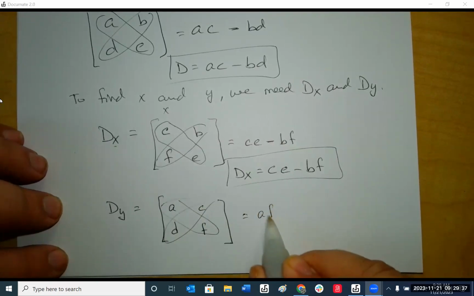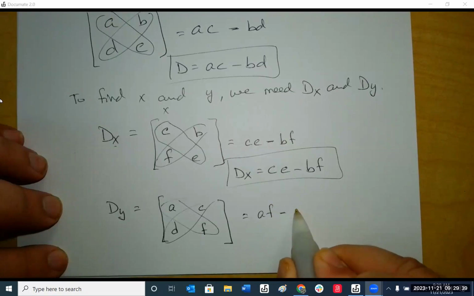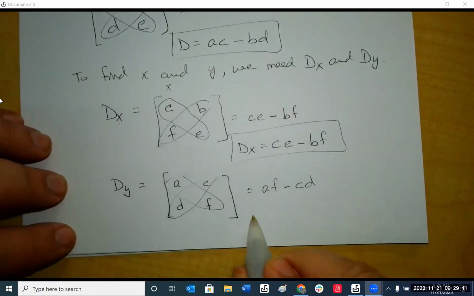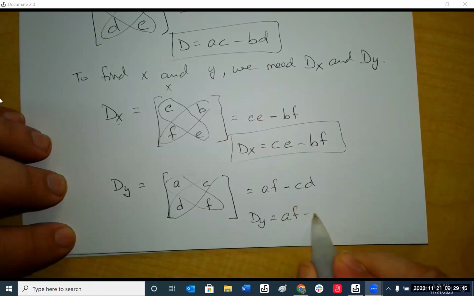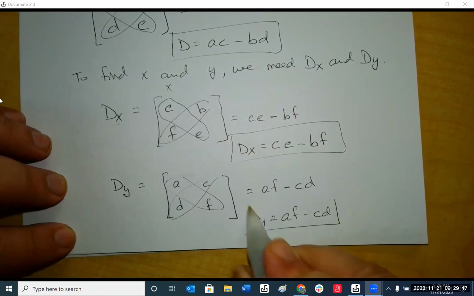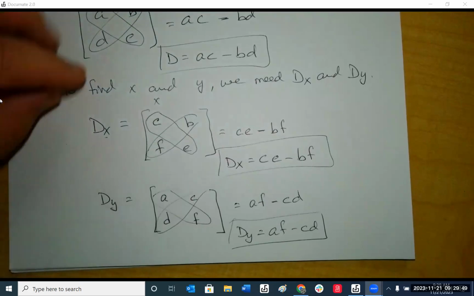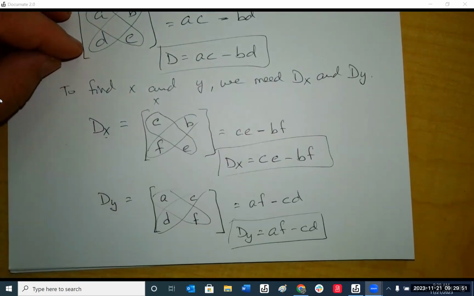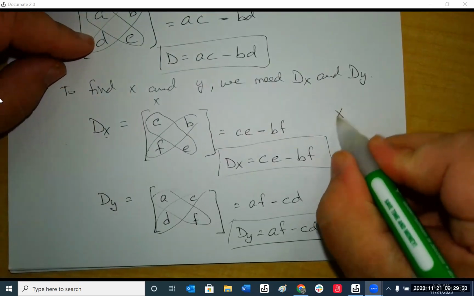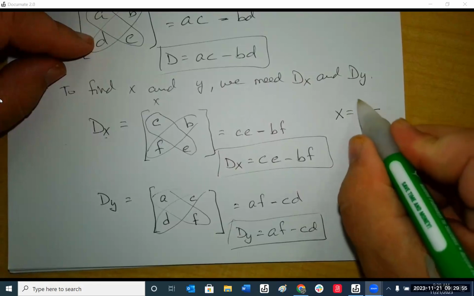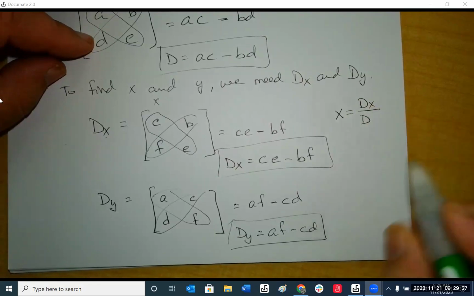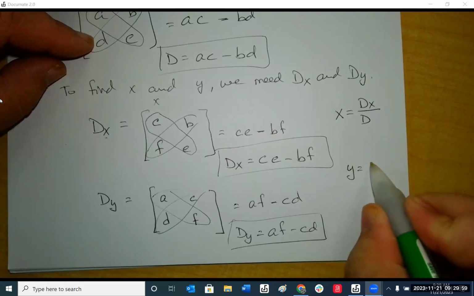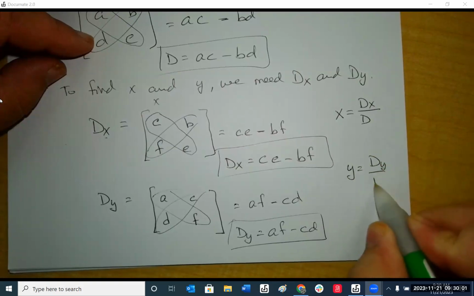So we have A times F minus C times D. So that's my dy. AF minus CD. To find the value for x, we take dx over d, and to find y, it's dy over d.